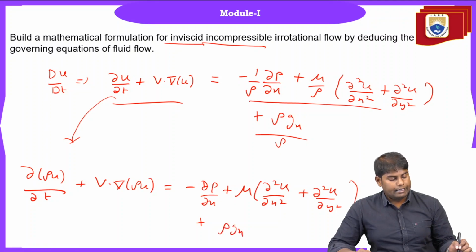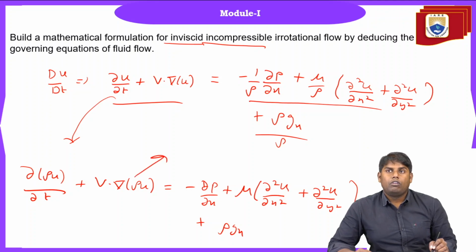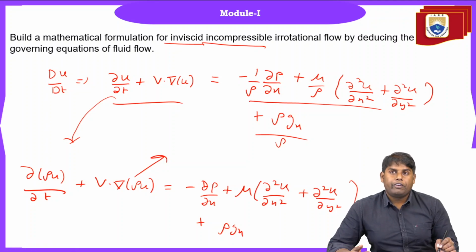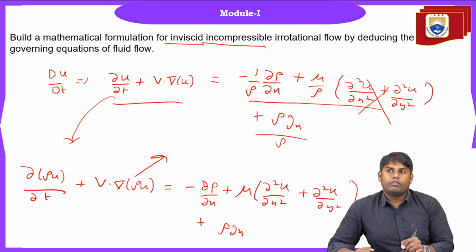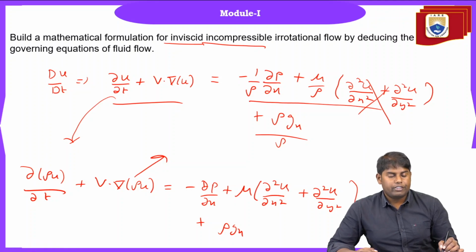So this is the bottom equation. It is applied to the full form of the equation, which is compressible, rotational and viscous. The above equation is applied for the incompressible case. When you have inviscid flow, the viscosity term will be 0. If the flow is viscous, the viscosity terms will be there.